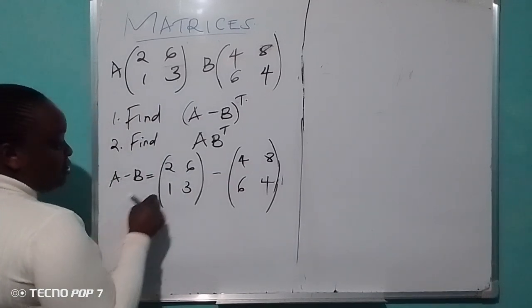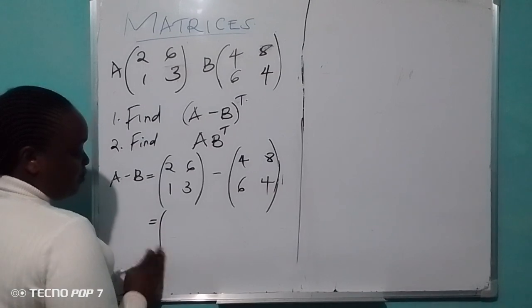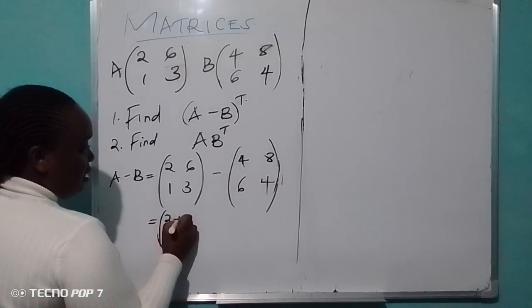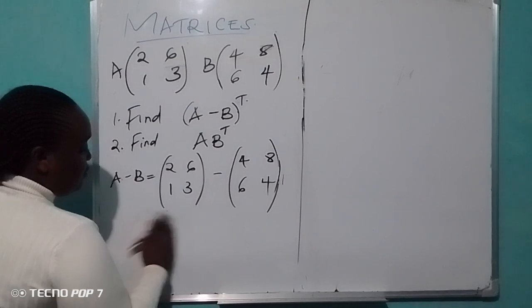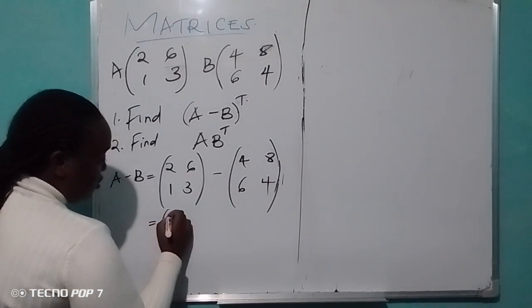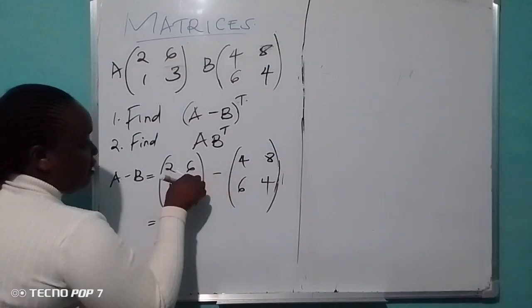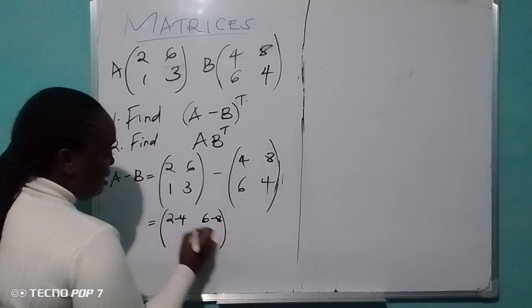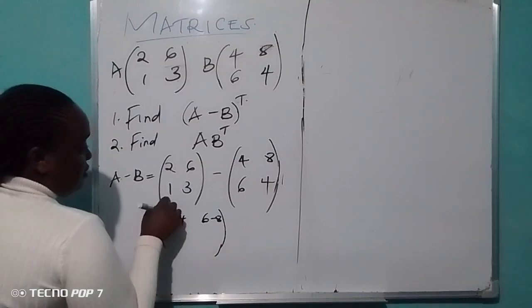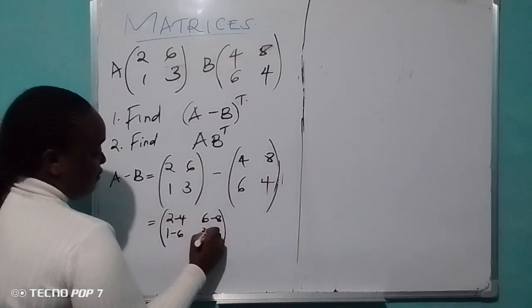A minus B is equal to 2 minus 4, 6 minus 8, 1 minus 6, and 3 minus 4.